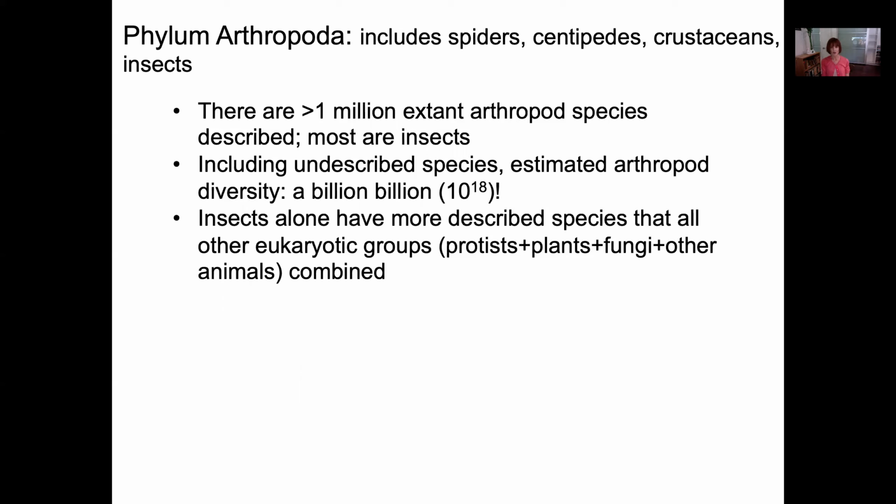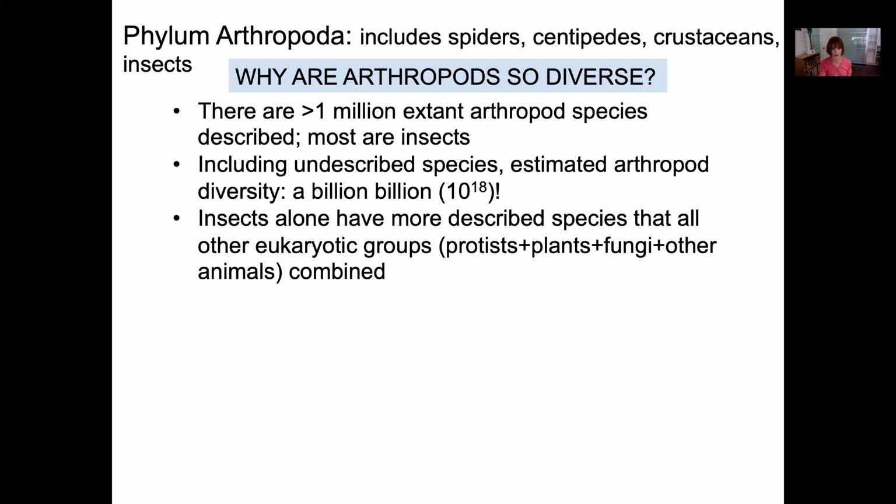And I don't know how these numbers are estimated, but again, it's kind of the exciting part of science. Think about what's left to describe. And insects alone have more described species than all other eukaryotic groups combined. So this is including protists, plants, fungi, and all other animals. So pretty remarkably high diversity.